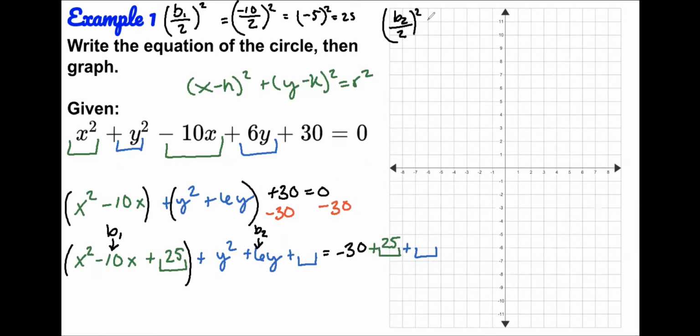B sub 2 is 6. 6 divided by 2 is 3, squared, which gives me 9, right? So in this case, completing the square for this term would be 9, adding 9 on both sides. Can I do that? Yes. As long as I'm doing something to one side, I have to do it to the opposite side.